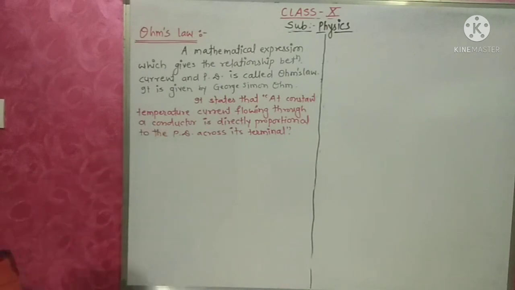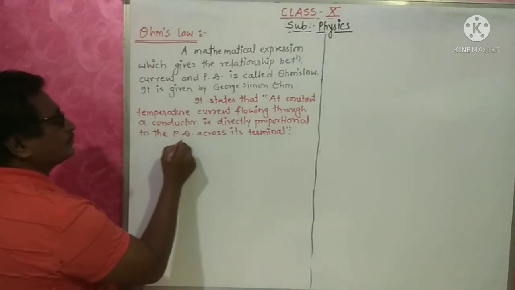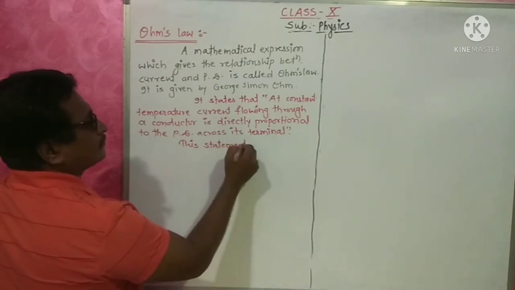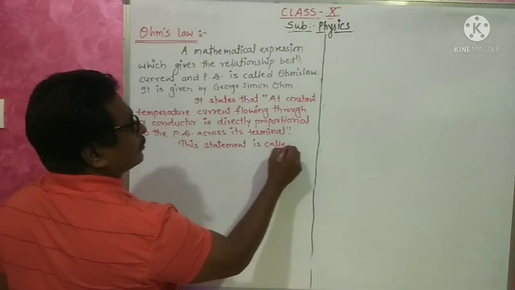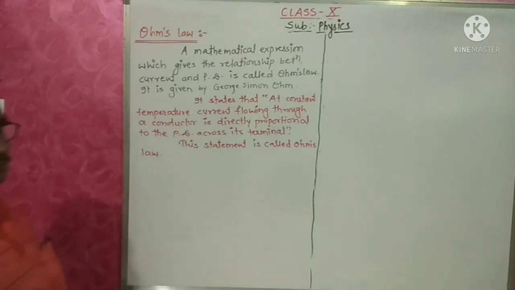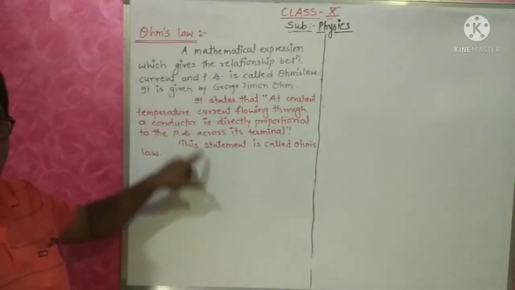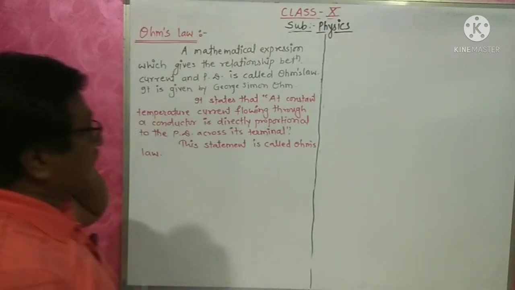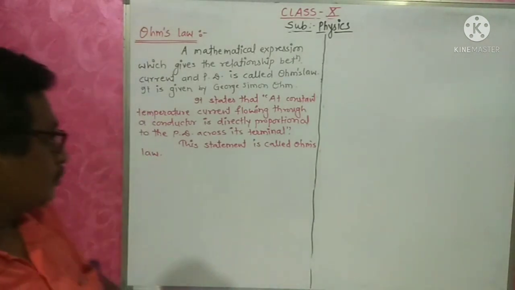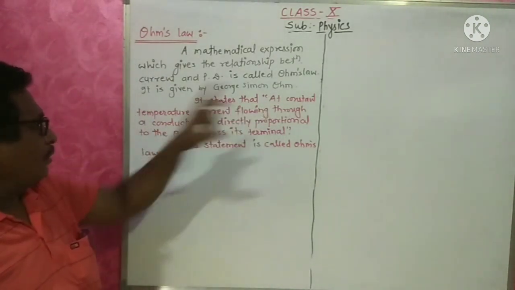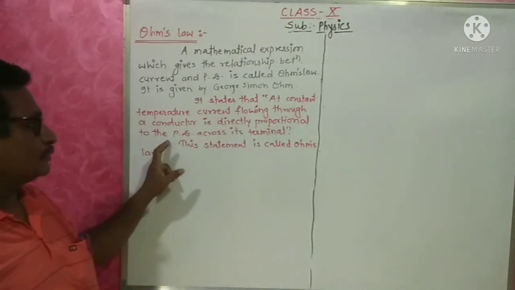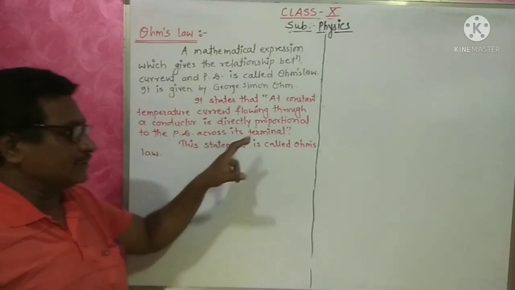This statement is called Ohm's law. Whenever they ask the definition, or ask Ohm's law, we have to write this statement: at constant temperature, current flowing through a conductor is directly proportional to the potential difference across its terminal.